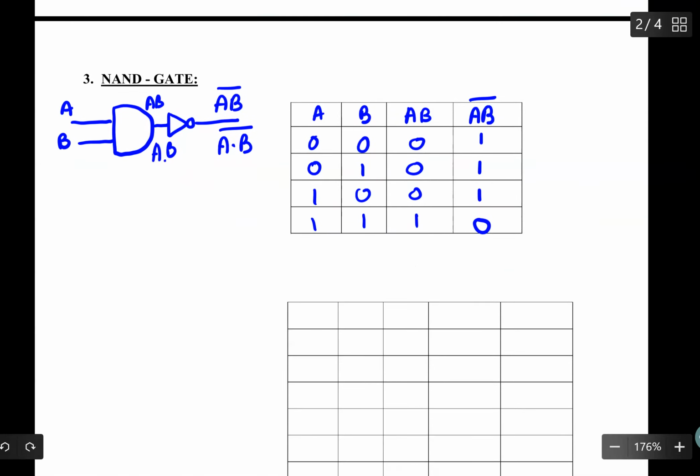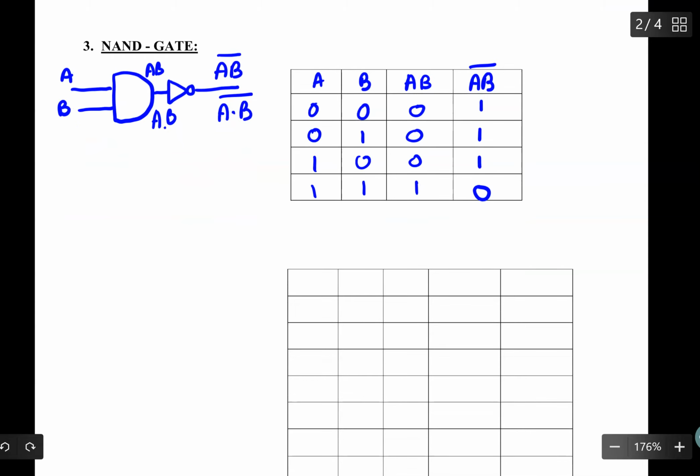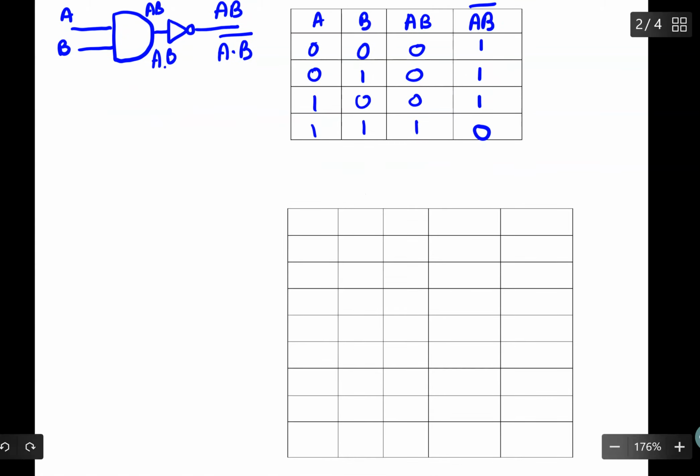Alright, so let's write our NAND gate, but with 3 inputs. I will draw my NAND gate with an AND gate with 3 inputs, and I will insert the inverter at the end.